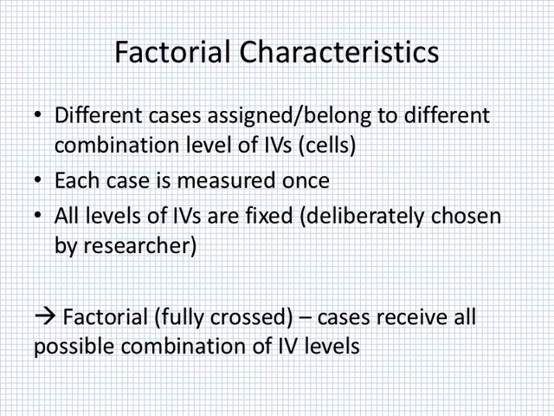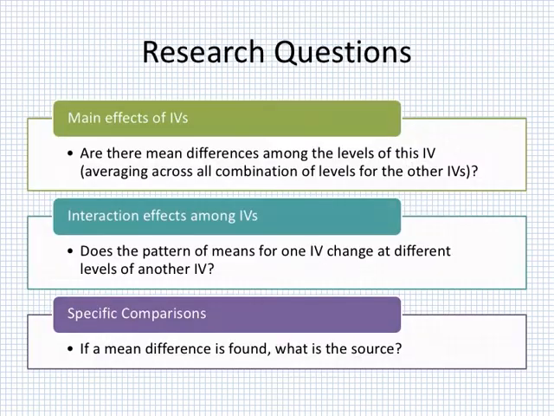So different people are in different IVs. Each participant is only measured once, and all levels of IVs are fixed; we decide them ahead of time. Factorial fully crossed means that cases receive all possible combinations of IVs, and there are participants in each of the cells.